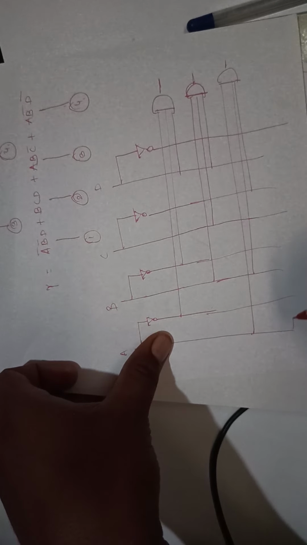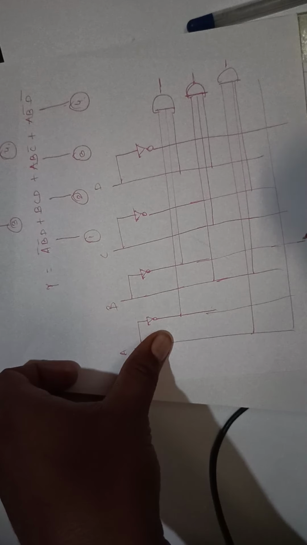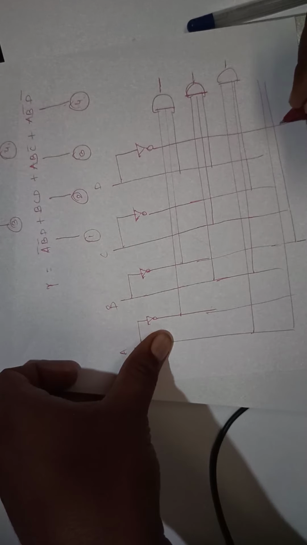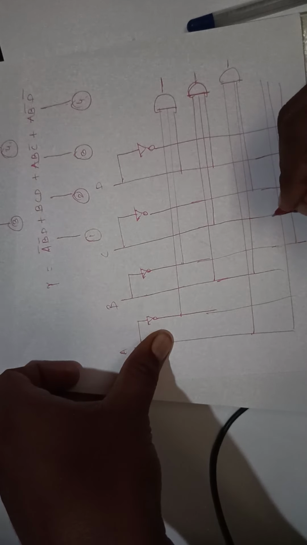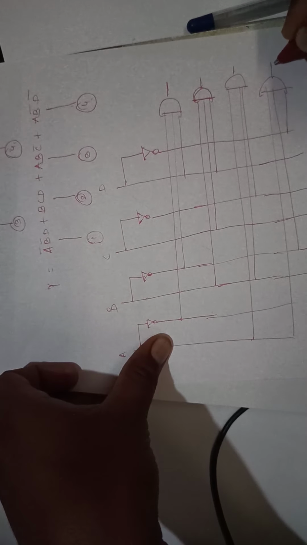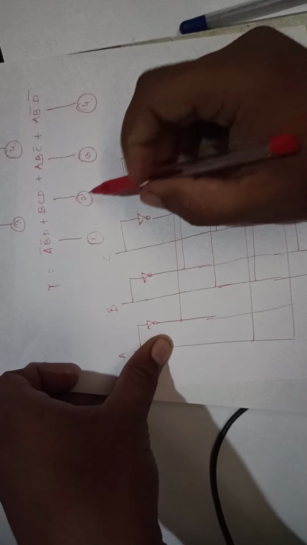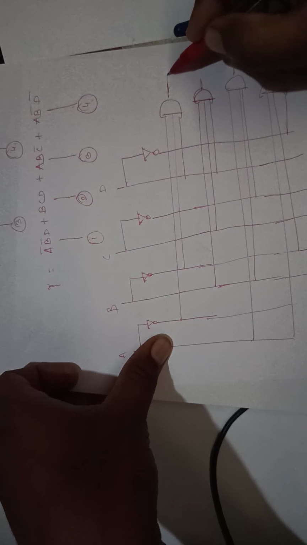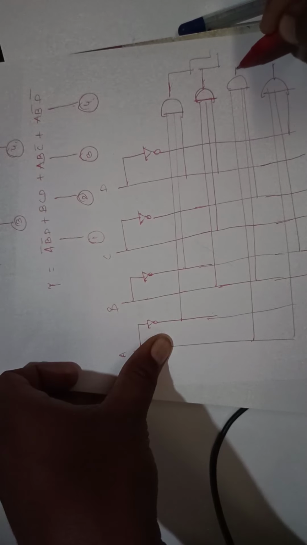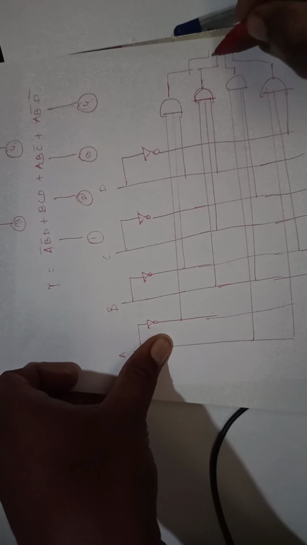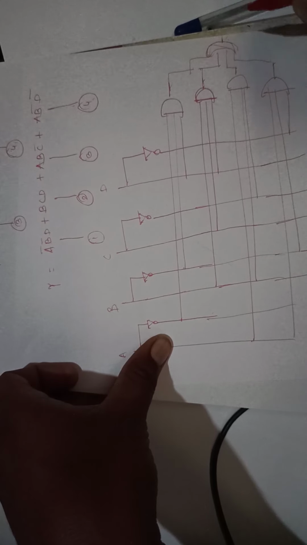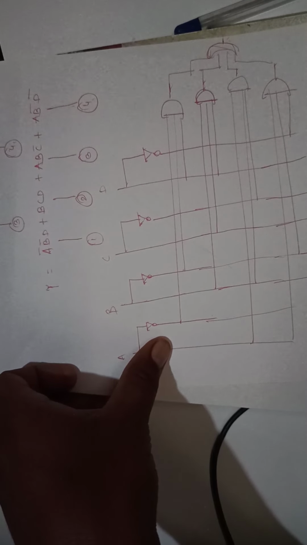That is A, B bar, and here is D bar. Okay, and these will be connected with an OR gate with each other. And this is our final logical diagram.